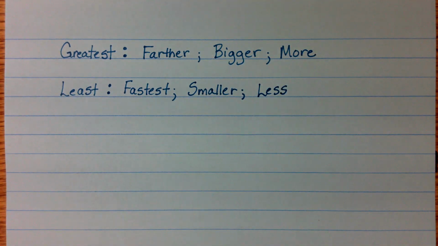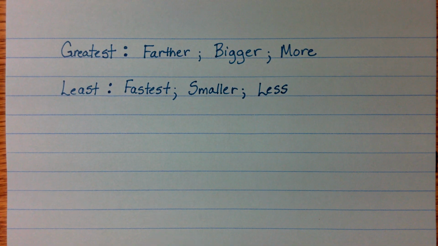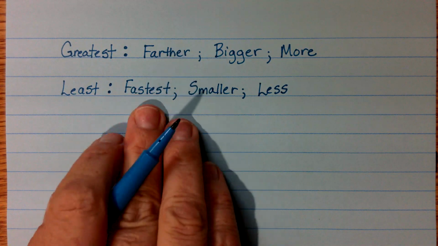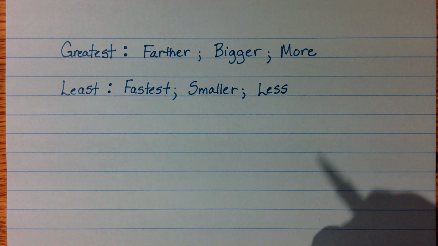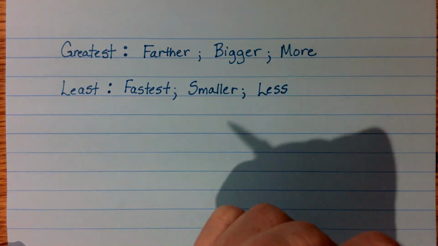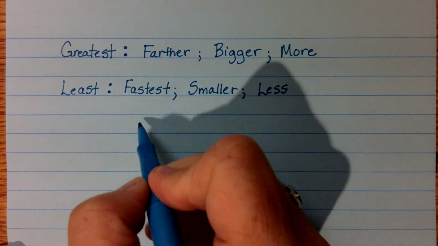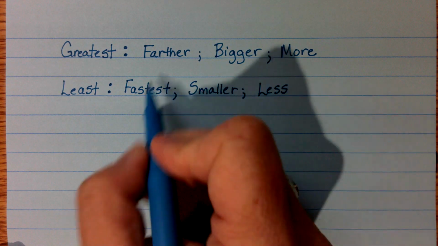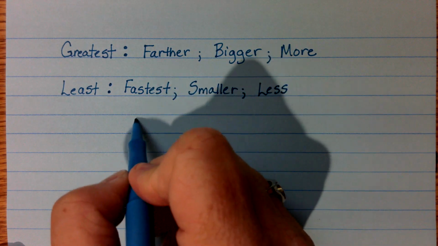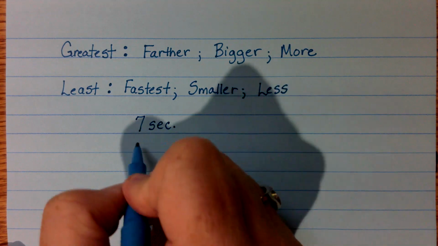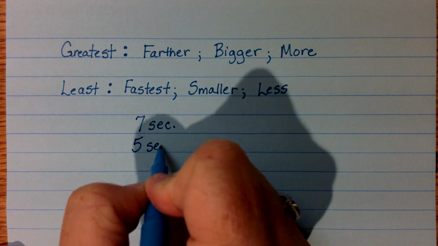Okay, so it's important, especially when you're dealing with time, that you understand that the fastest time is going to be the smallest number. So if I ran the 50-yard dash in, I don't even know what a reasonable amount of time is, 7 seconds the first time, and I ran it in 5 seconds the second time.